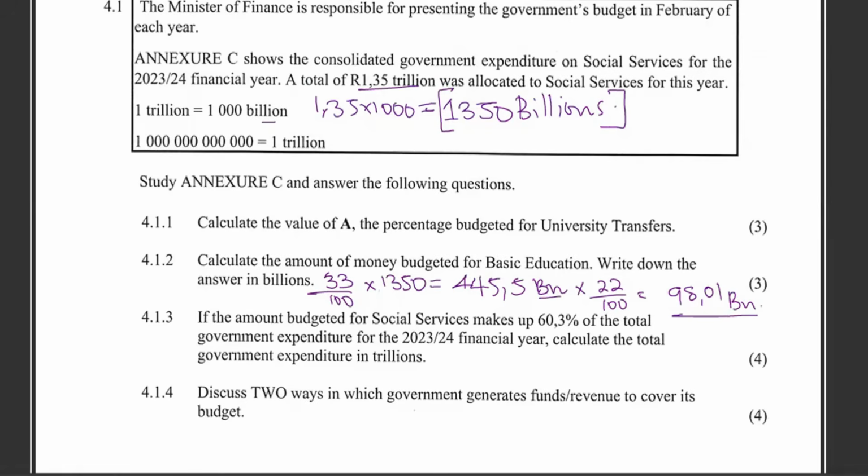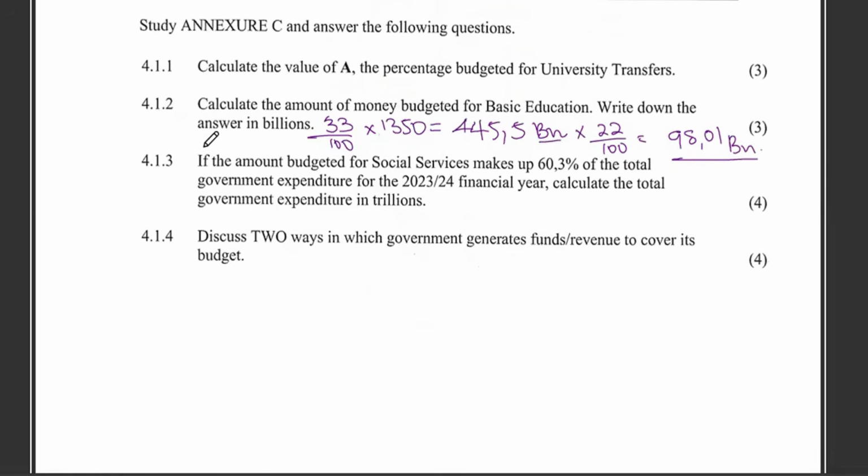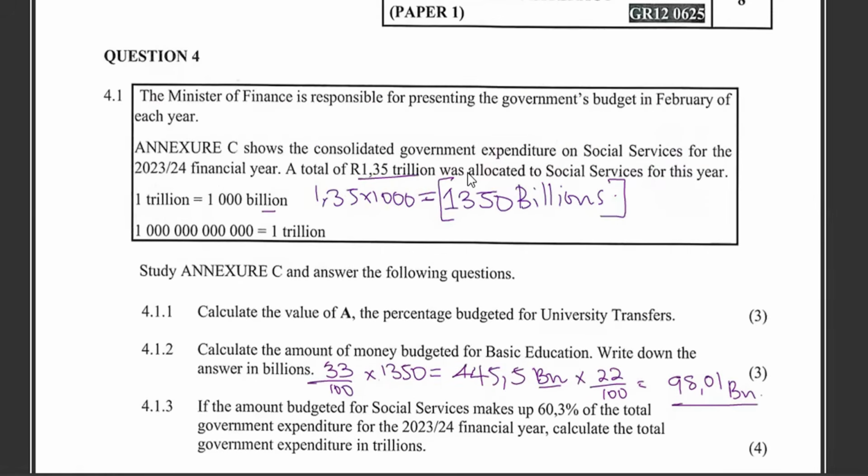Okay, they're asking us, if the amount budgeted for social services makes up 60.3% of the total government expenditure for 2023 to 2024 financial year, calculate the total amount. Now listen, this money here, 1.3 trillion, was allocated to social services.